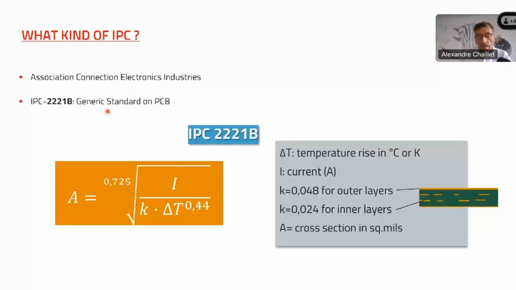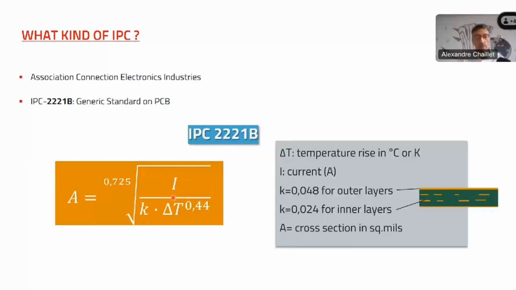And in this, you are also able to design the current, the cross-section of your trace. This is given by this strange formula. A is the cross-section in square mils, so this is imperial. Well, IPC comes from the United States, so that's why this is in square mils. But of course, you can easily translate it into square millimeters.